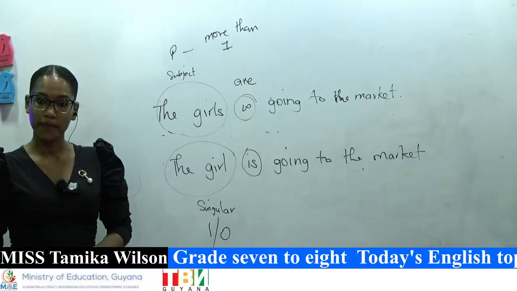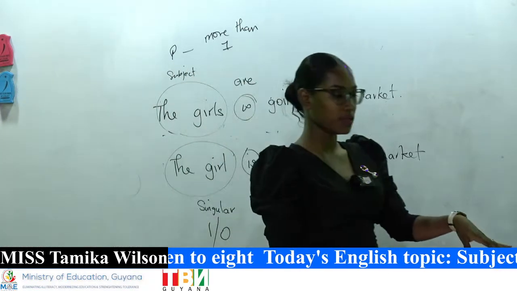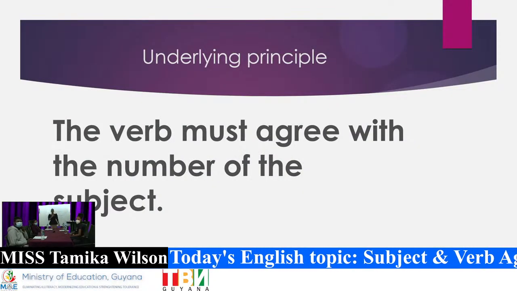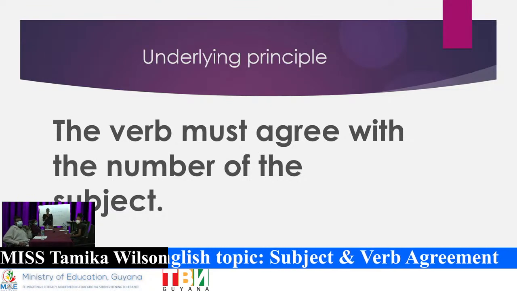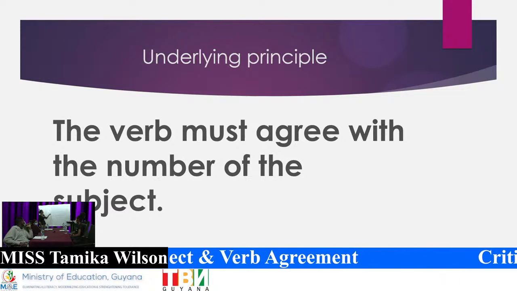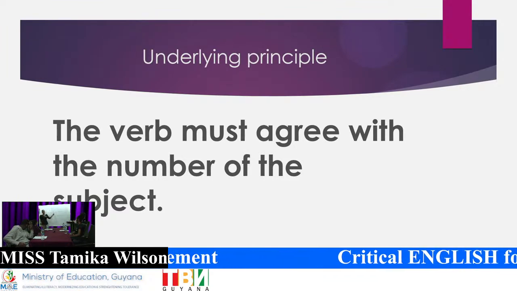All right? The underlying principle, we have it up on the screen. Look on the screen, you'll see it. The underlying principle is that the verb must agree with the number of the subject. So we have to identify the subject, identify whether the number of the subject is singular or plural, and then we determine which form of the verb we are going to use.